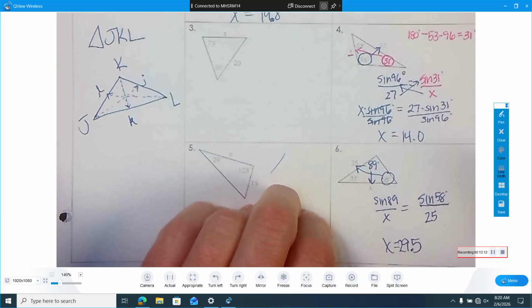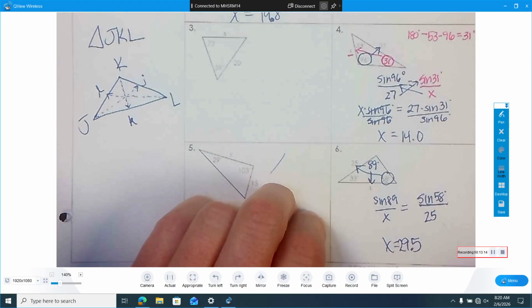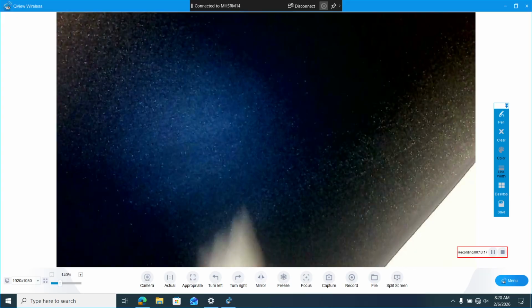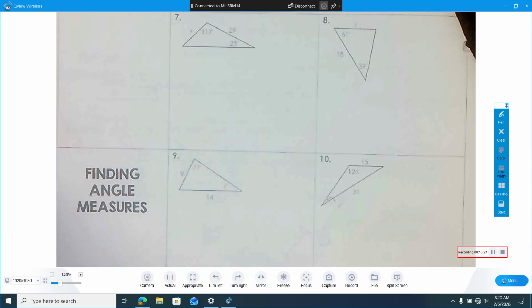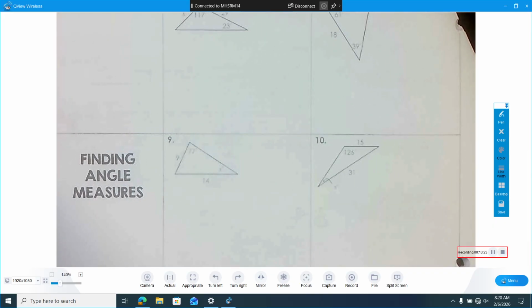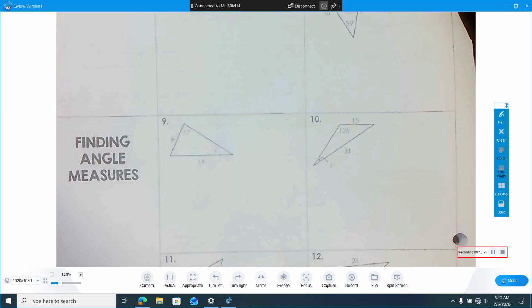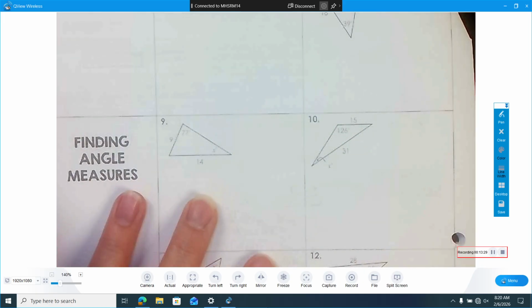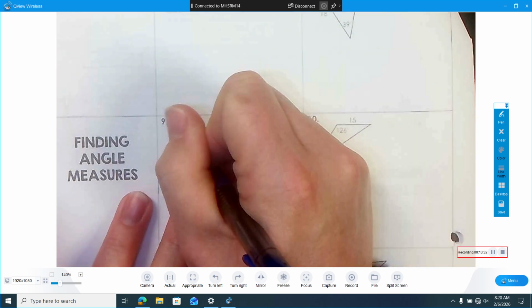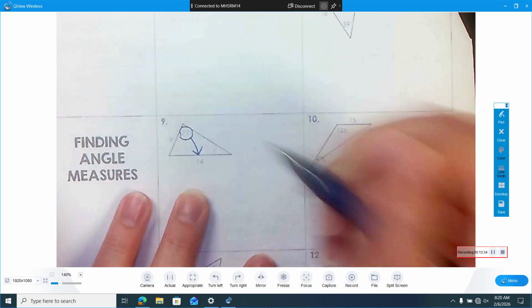Okay, questions on this setup for law of sines? Okay, it's super easy. Let's turn the page. We can also use it if we want to find an angle measure pretty easily. Once again, we have an angle and its opposite side.